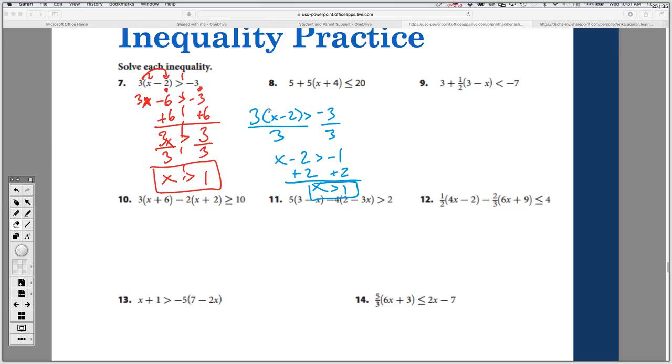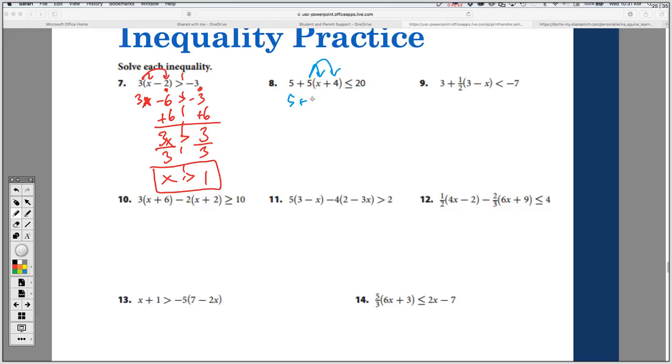Or the other thing that you could do is you could say this is positive, subtract 5, and now we're back at this problem over here. Less than or equal to 15. And then you would distribute and do all the other stuff as well. Or you could even divide by 5 here instead of distribute. It's up to you.